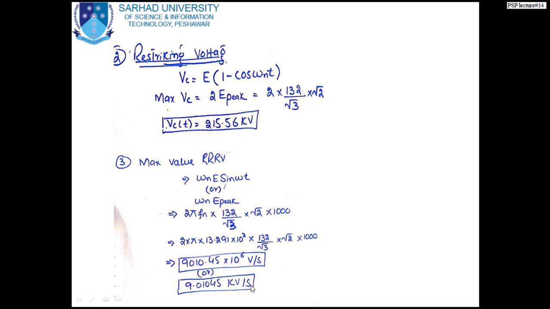So let's say simply 9 kV per microsecond. This is microsecond, not second. You see how much the rise is. This is of course a very high rate of rise of restriking voltage, and our circuit breaker must be strong enough to cater for this type of situation when it occurs.